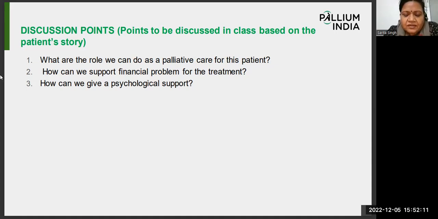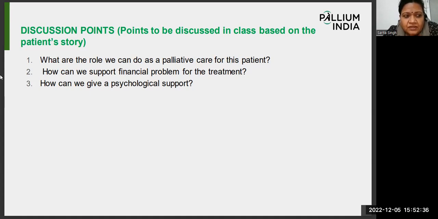You can give small bits of food and add some digestive enzymes to increase the appetite. But the most important thing is that this is metabolic organ failure. And the patient is such a young 50-year-old male having that type of situation.